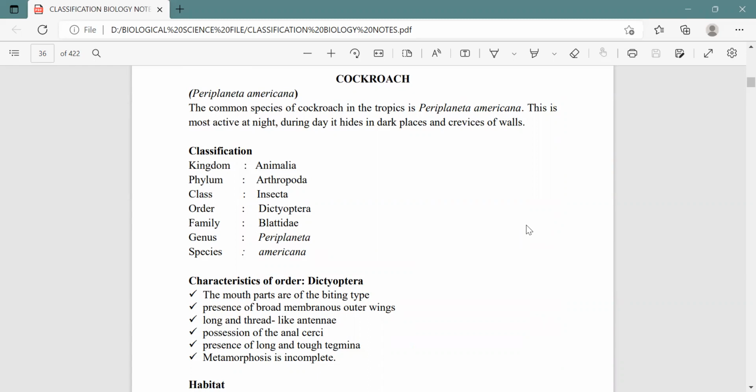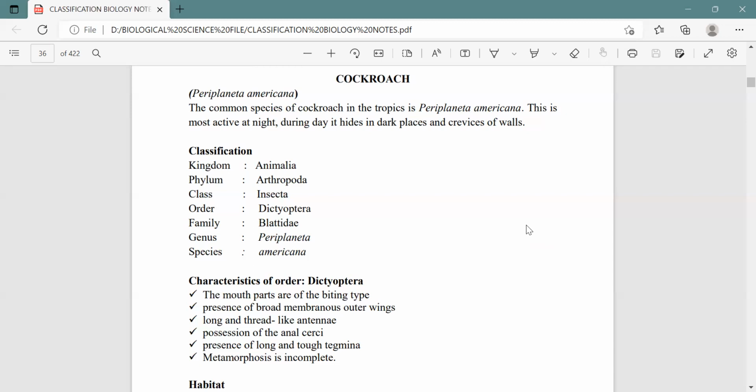Kingdom, Animalia, phylum, Arthropoda, class, Insecta, order, Dictyoptera, family, Blattidae, genus, Periplaneta, species, americana, and the scientific name becomes Periplaneta americana.